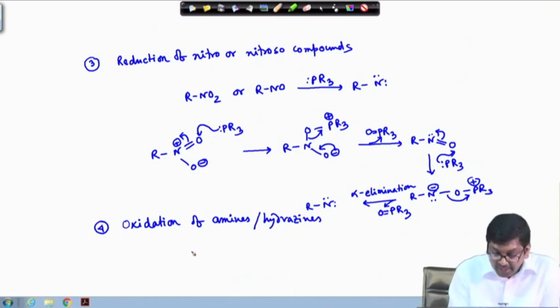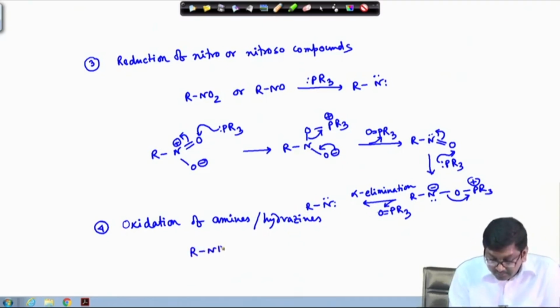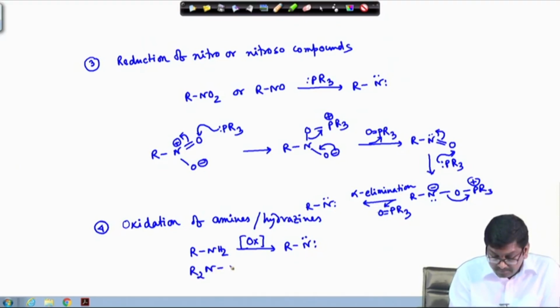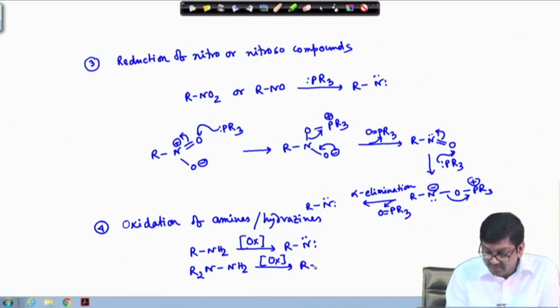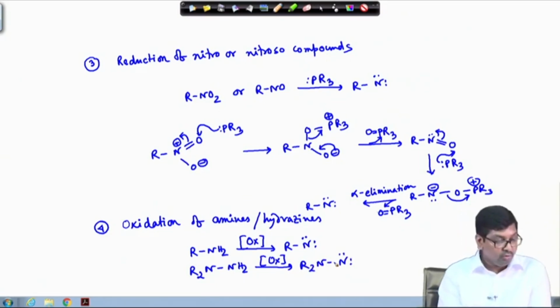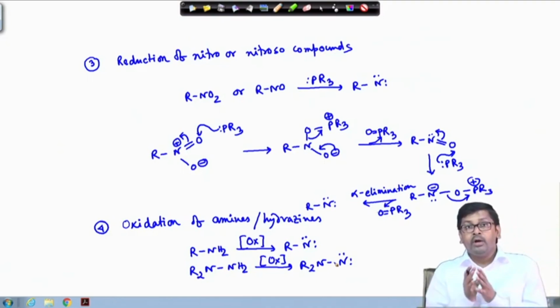Okay. So, if we take amines and in the presence of some oxidant, this will give the nitrene, or the hydrazine moiety, that is also in the presence of oxidant, will give certain nitrenes. Okay. So far what have we discussed?